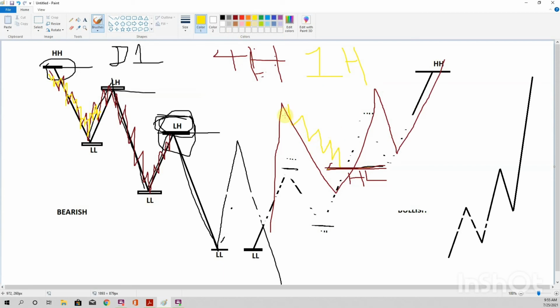On the 1 hour, we have a bearish tone and a bullish tone. So when the 1 hour breaks the recent low that created the higher high, it's a change of structure only on the 1 hour.